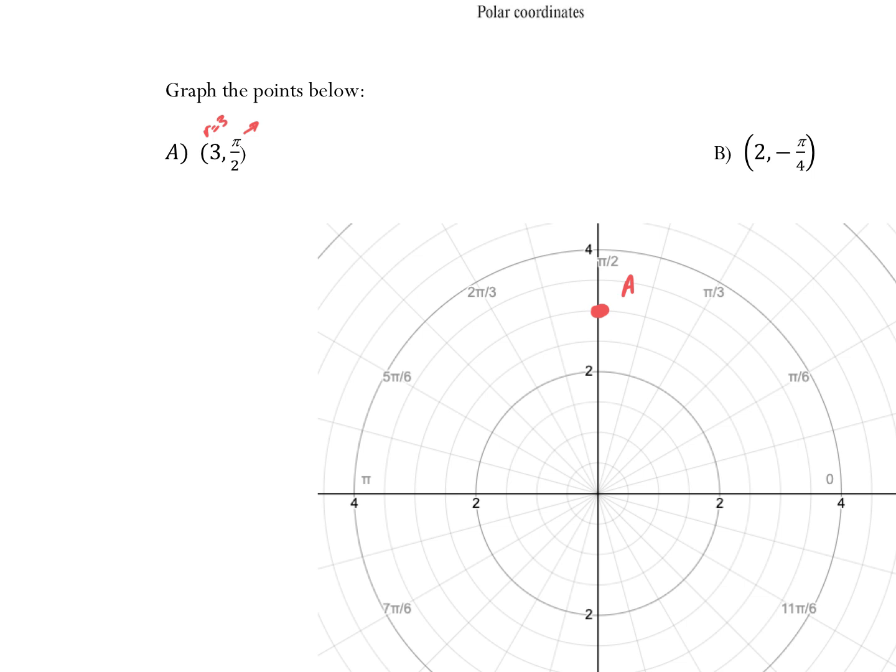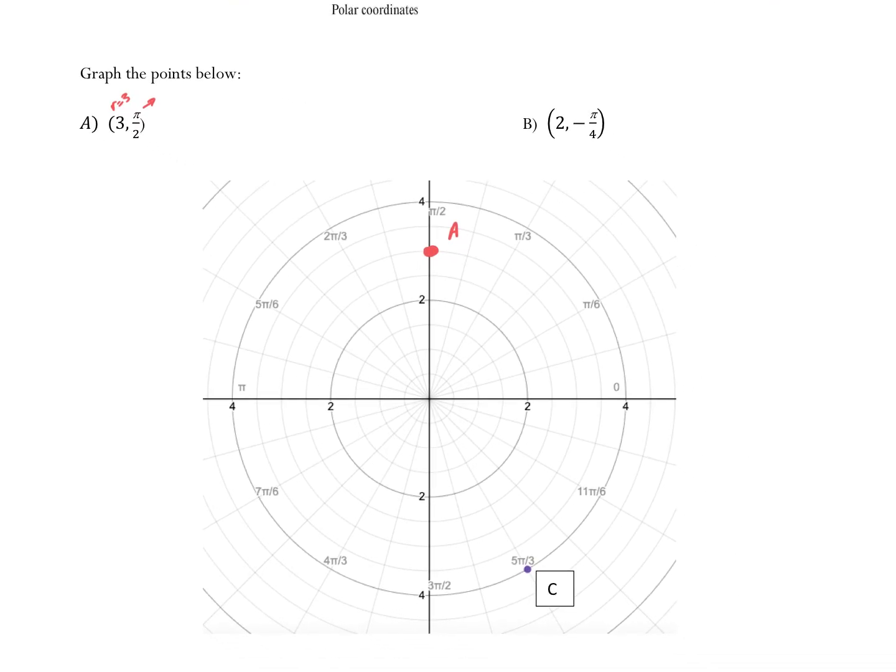All right, positive angles travel in the counterclockwise direction. And likewise, negative angles travel in the clockwise direction, but that shouldn't feel new to you guys, right? Okay. All right, so the point (2, negative pi over 4), again, radius is equal to 2.